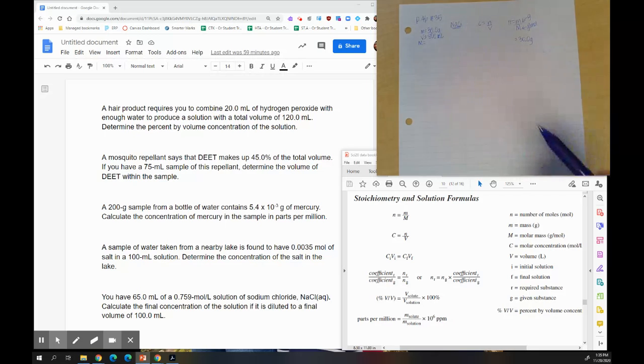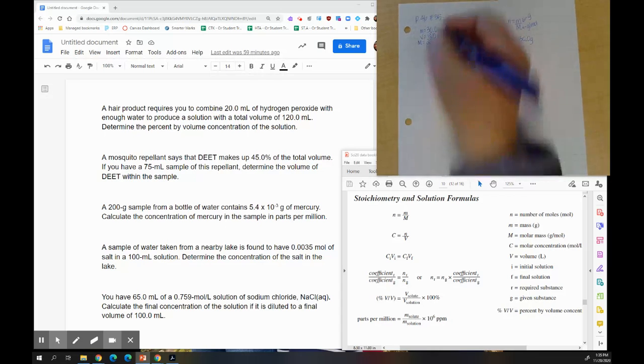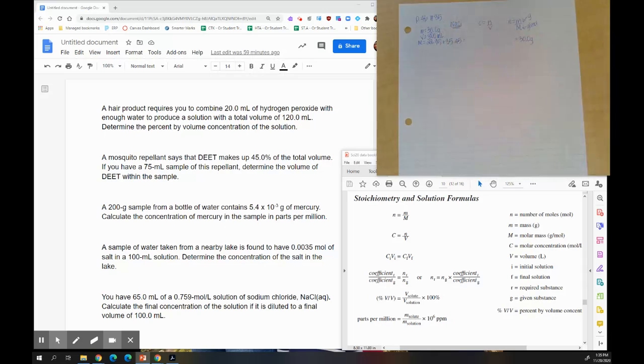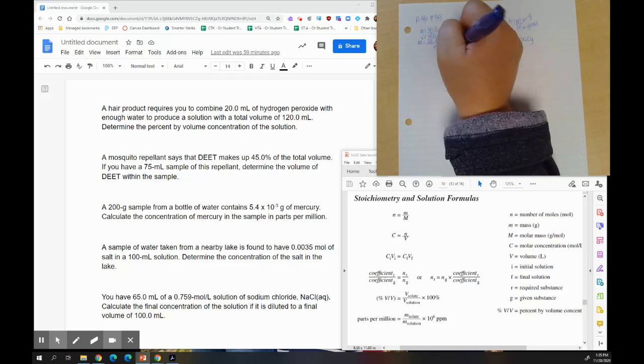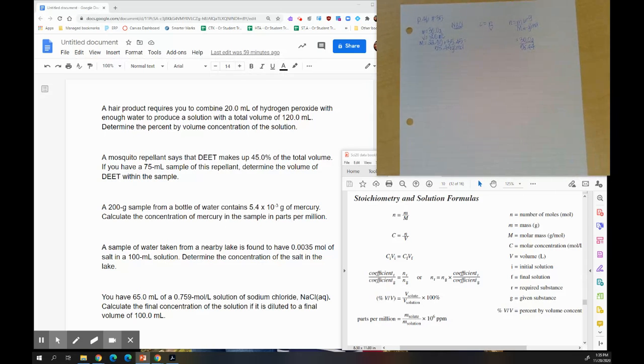There's only one of each. 22.99 is the molar mass of sodium. 35.45 is the molar mass of chlorine. Add those two together and you get 58.44 grams per mole. So type in your calculator 30 divided by 58.44.